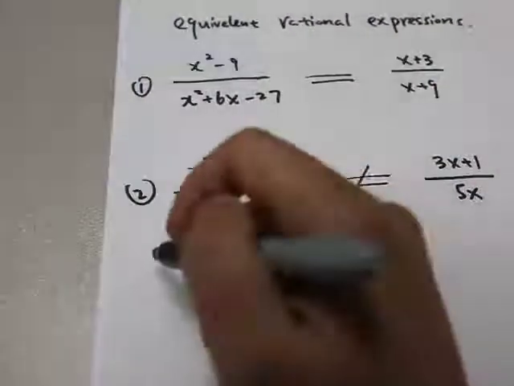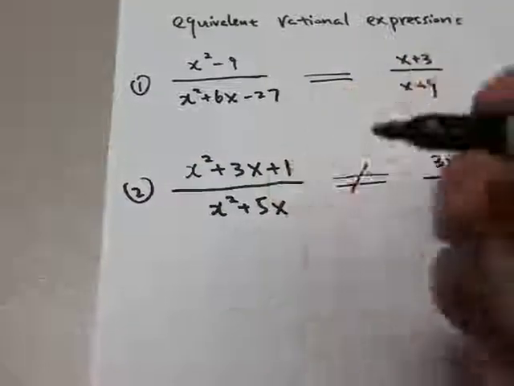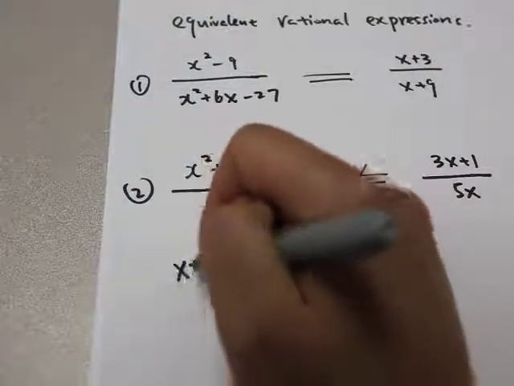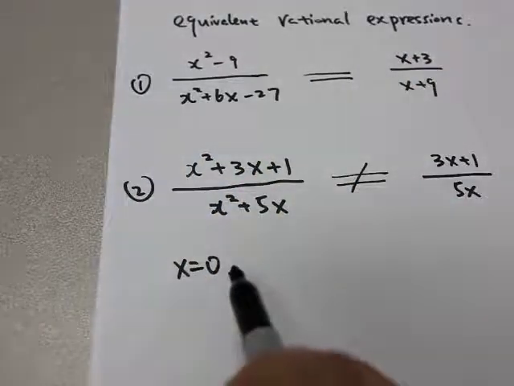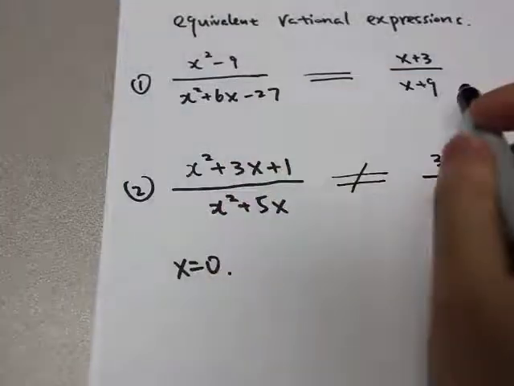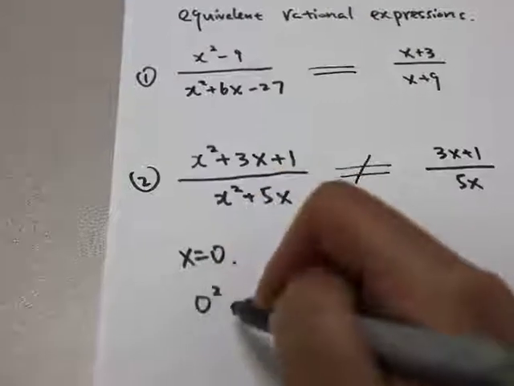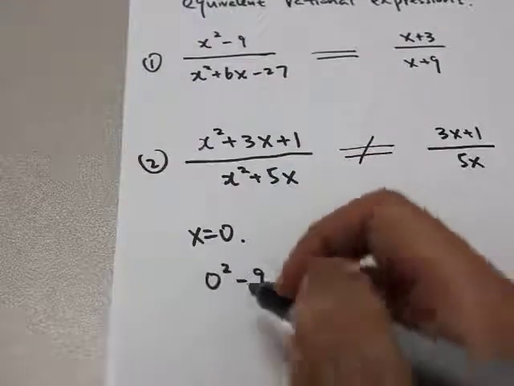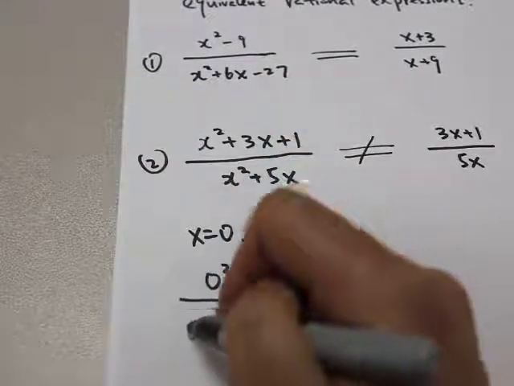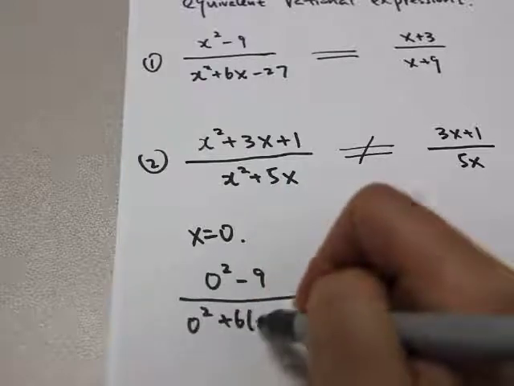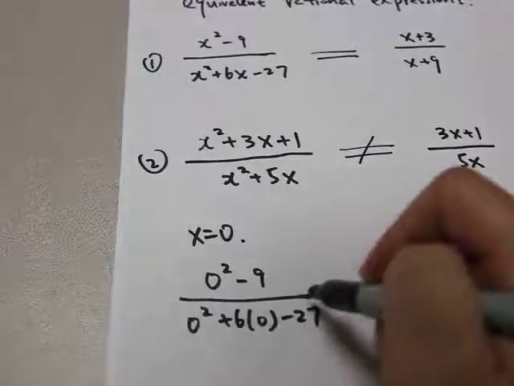Let's say I pick a random number, say x equals 0, and I plug in 0 for x into both expressions. Here I will have 0 squared minus 9 over 0 squared plus 6 times 0 minus 27.